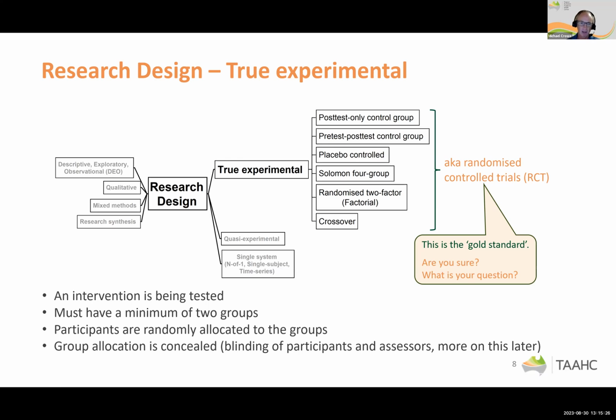So it always comes back to your question. You have to know what your question is first before you then decide if a randomized controlled trial is required to answer that question.